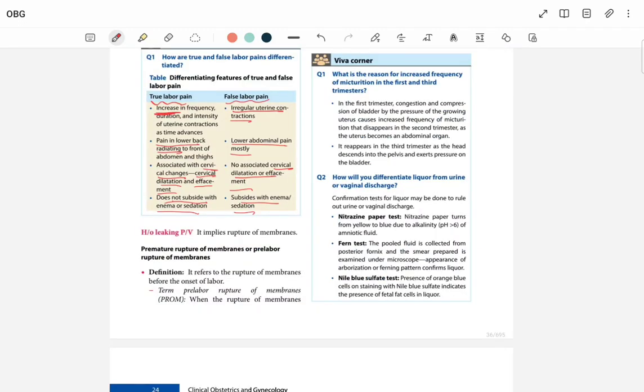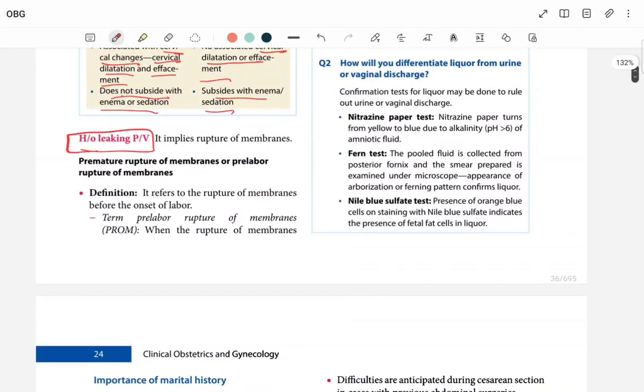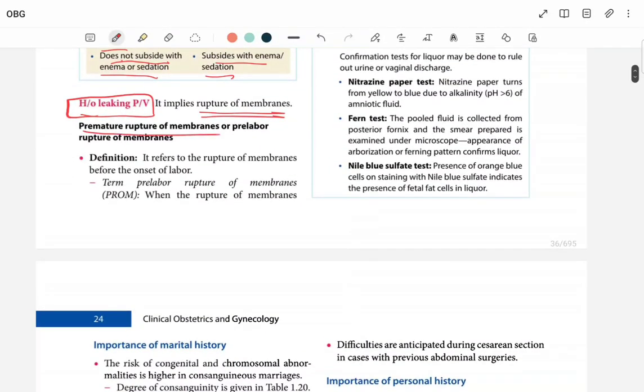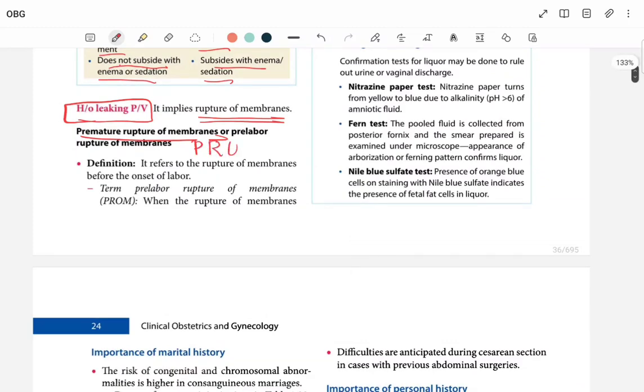Next, coming to history of leaking per vagina. History of leaking PV generally implies rupture of membranes. So what is premature rupture of membranes, PROM, or pre-labor rupture of membranes?